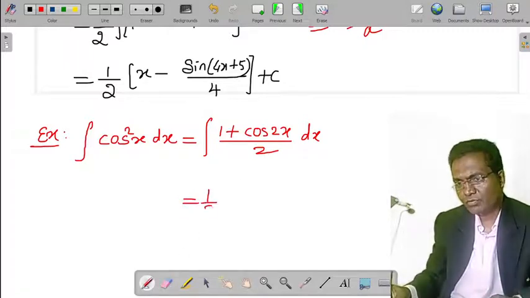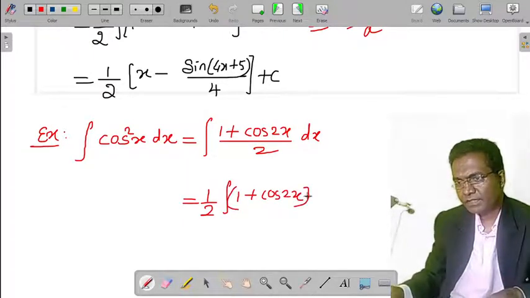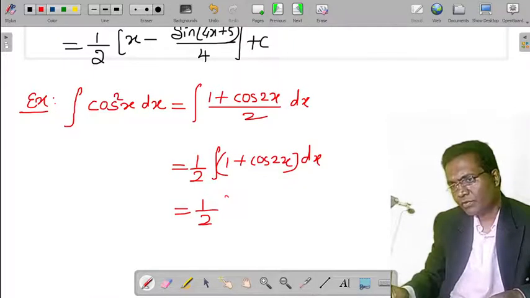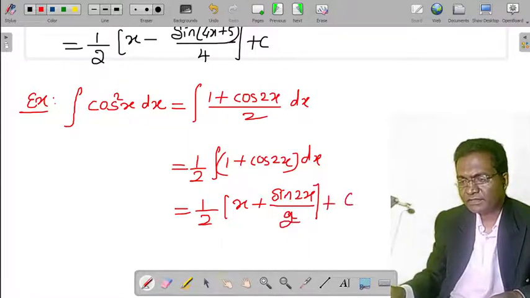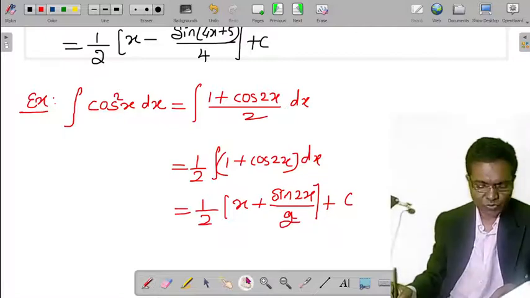So 1 by 2 outside, integration of 1 plus cos 2x dx. So this gives you 1 by 2, integration of 1 is x, integration of cos ax is sine ax by a, where a means 2 here, plus c. So this is your worked example. So go through this.